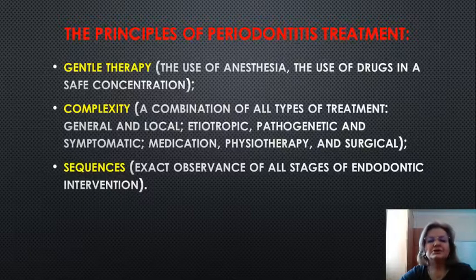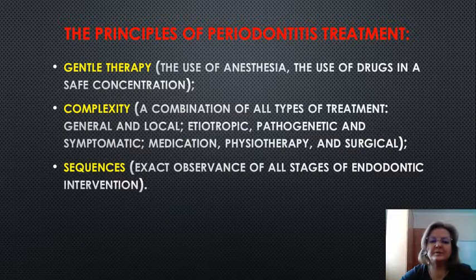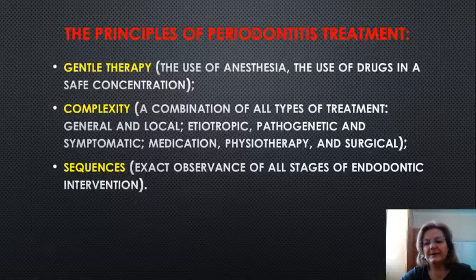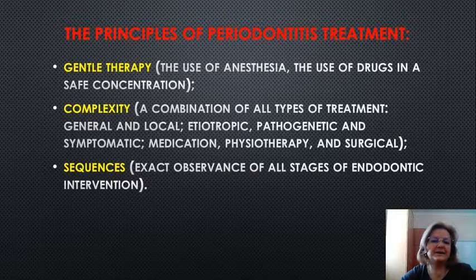It is a combination of all types of treatment, general and local, etiotropic, pathogenetic, and symptomatic. The next, combination of medication, physiotherapy, and surgical treatment. The next principle: sequence, exact observance of all stages of endodontic interventions.